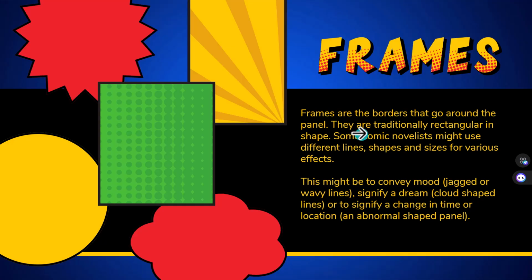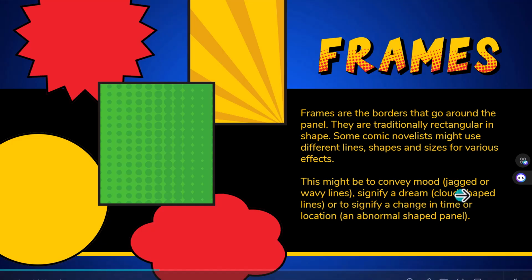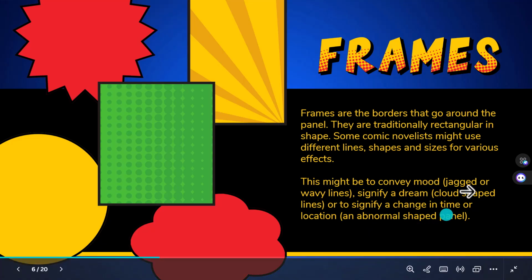They are traditionally rectangular in shape. Some comic novelists might use different lines, shapes, and sizes for various effects. This might be to convey mood, jagged or wavy lines to signify a dream, cloud-shaped lines, or an abnormally shaped panel to signify a change in time or location.